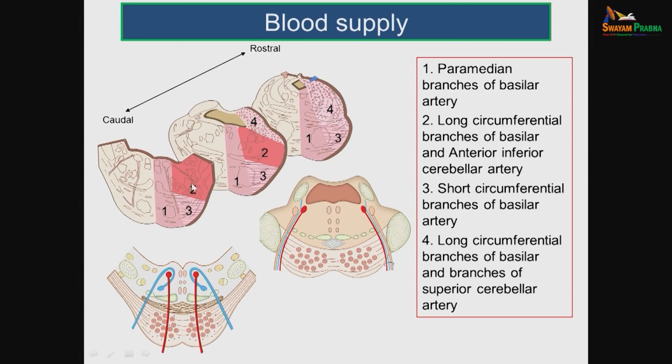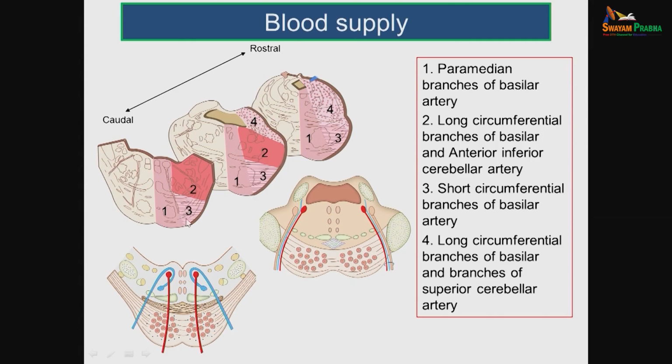The lateral, or posterolateral, area is supplied by the long circumferential branches of the basilar artery as well as the anterior inferior cerebellar artery. Number 2 is the dorsolateral or posterolateral part of the pons. This area is supplied by the long circumferential branches both from the basilar as well as the anterior inferior cerebellar artery.